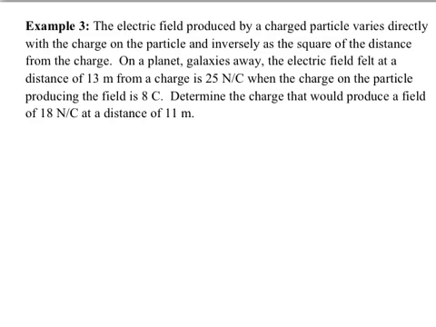Example 3 says the electric field produced by a charged particle varies directly with the charge on the particle. So the electric field E varies directly with the charge Q on the particle, and inversely as the square of the distance from the charge itself.